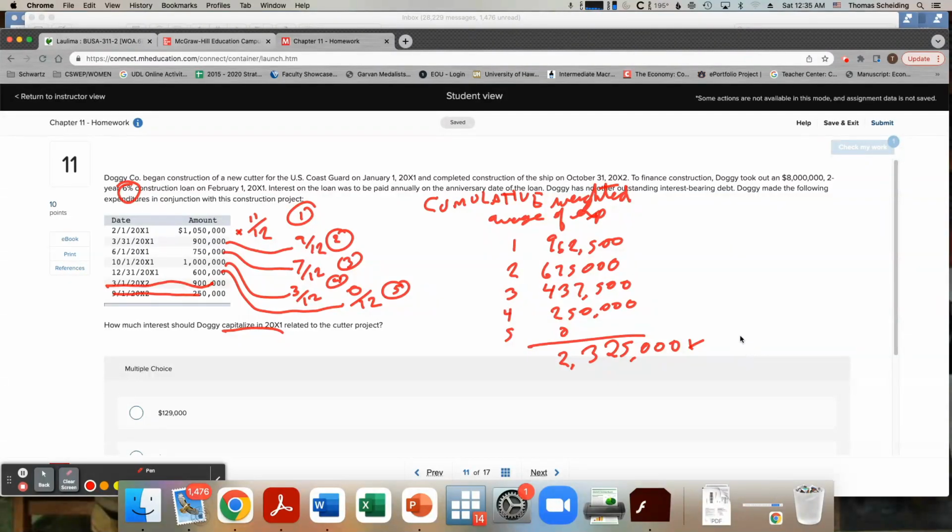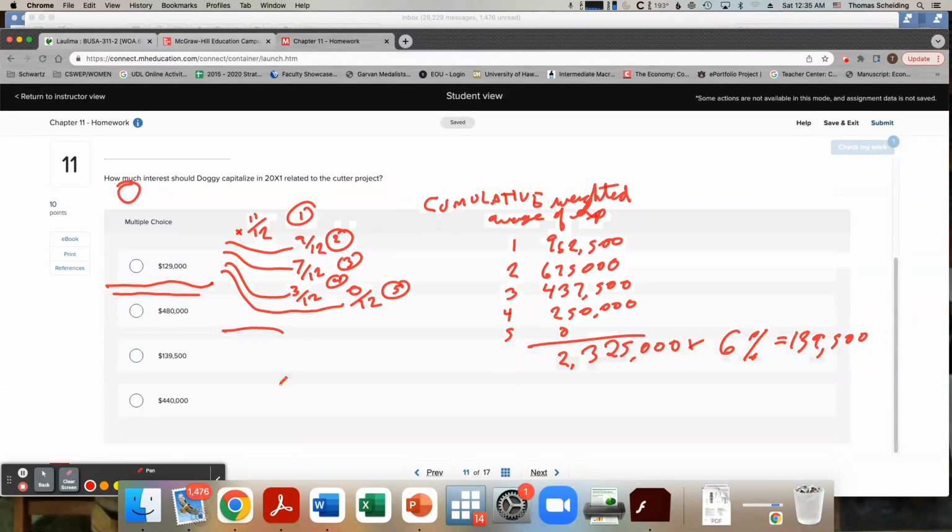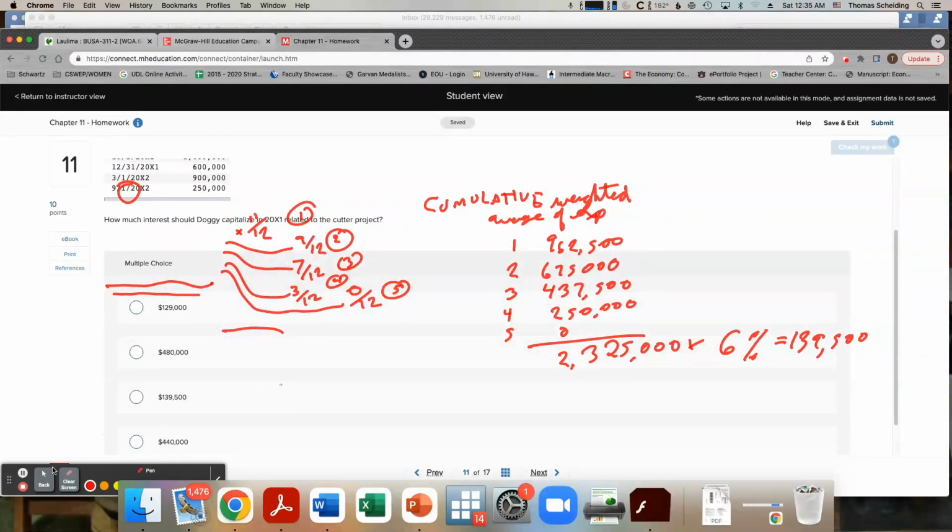That would be the 6%. And it gets us 139,500. Hopefully that is an option here. It is. Thank God. Always worried about I solve something and it's not an option. If my math all works out, it should be 139,500.